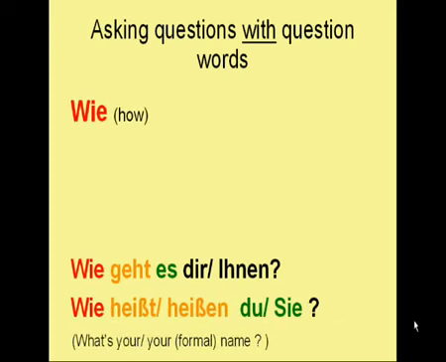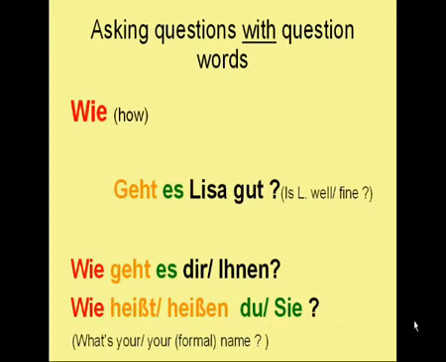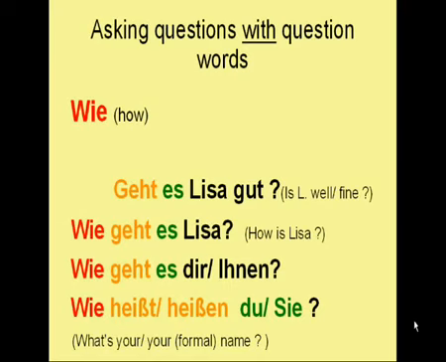And we can do the same with the verb heißen, which means to be named. In this case we are the subject. For instance, "wie heißt du?" "Wie heißt du" means what's your name in the informal way, and "wie heißen Sie," the conjugation of third person plural, means what is your name when I'm speaking formally to a person.